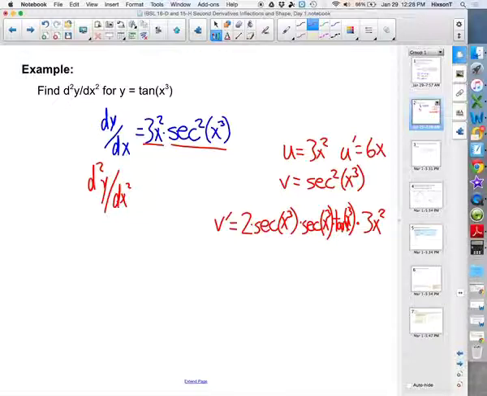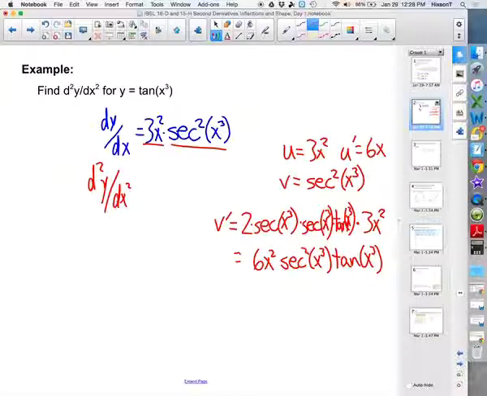So we have here 6x squared. Secant times secant would be a secant squared of x cubed times tangent of x cubed. Do we have to simplify that further?